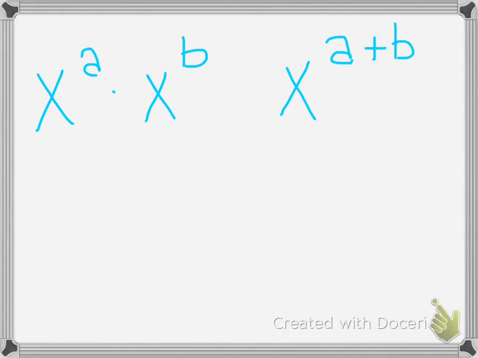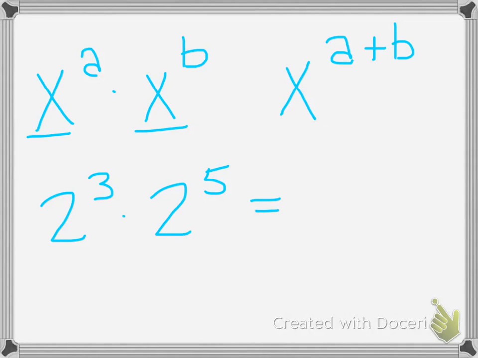The important thing to remember on this is that the bases need to be the same in order for this rule to work. Okay, so for example, if we have 2 to the power of 3 and 2 to the power of 5, when you simplified that out, it would be 2 to the power of 8 because you're adding 5 and 3.